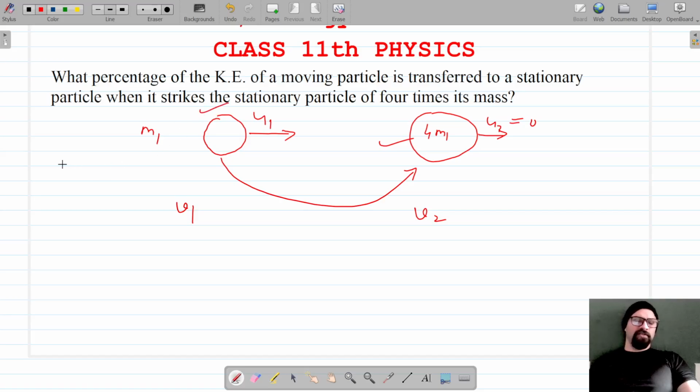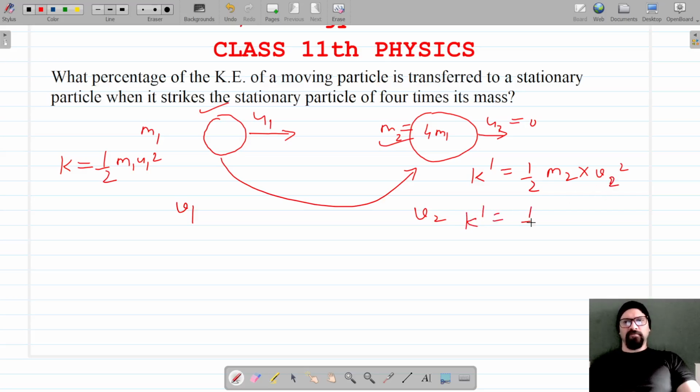Let's say its initial kinetic energy is k, which is half m1 u1 square, and its final kinetic energy, let's say k dash, is half m2 v2 square, where m2 is 4 times m1. So k dash is equal to half into 4 m1 into v2 square, so k dash is 2 m1 v2 square.